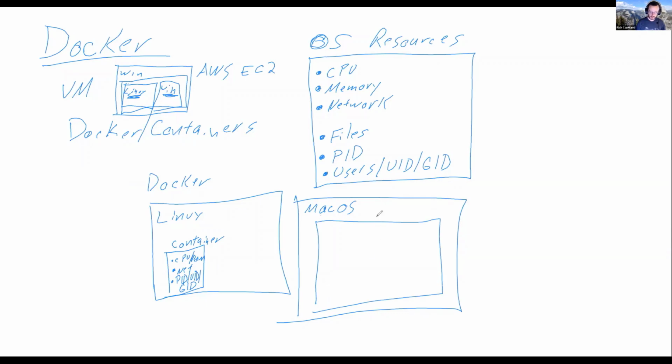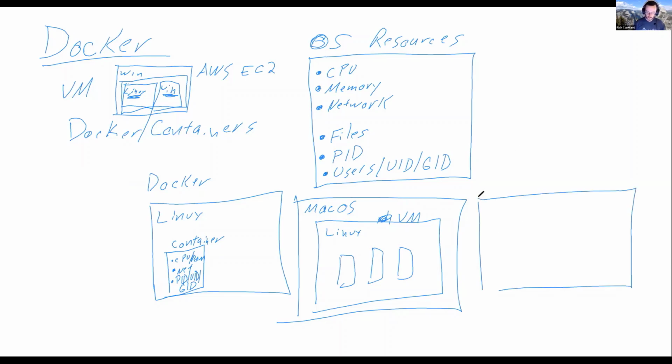It's like X. I don't know exactly what the, but there is a virtual machine running Linux, and then you have little containers running inside there. So they still provide that Linux layer. If you're on Windows and you're using Windows Subsystem for Linux, then it's basically Windows plus Linux is what your main operating system is, because that's what WSL2 does.